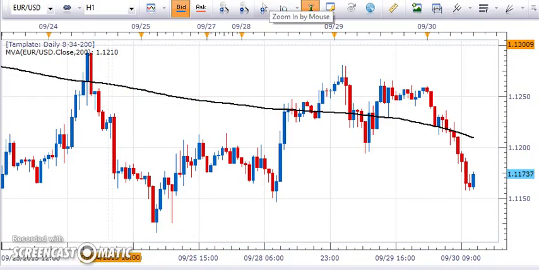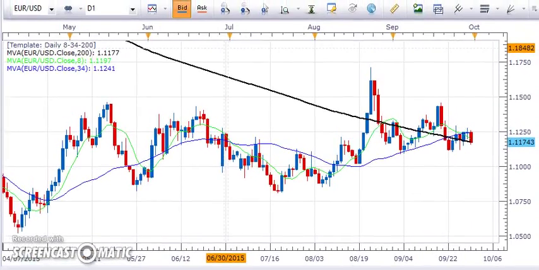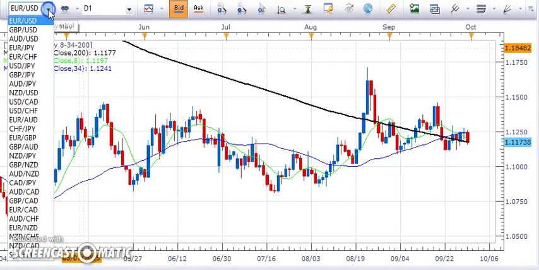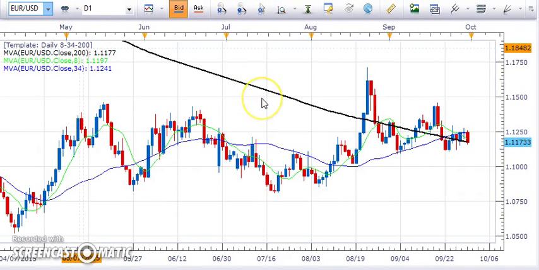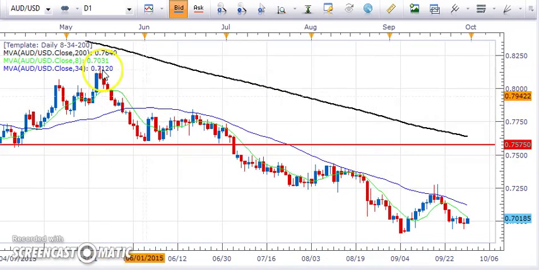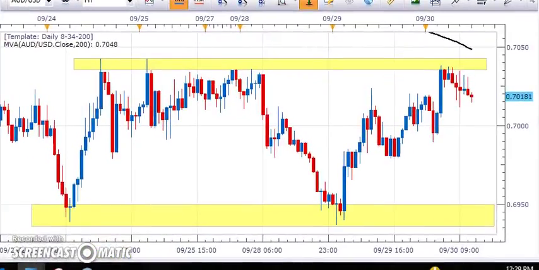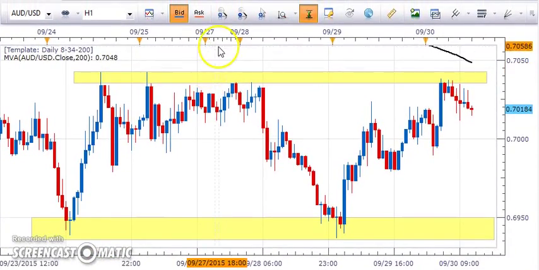Now let's move back to the daily, and then let's take a look at the Aussie US dollar. Nice, beautiful downtrend here. Again, we got this tight sideways action for the past week, and if we look at this one on the hourly, I painted an area of overhead resistance and an area of support at the bottom of this trading range.